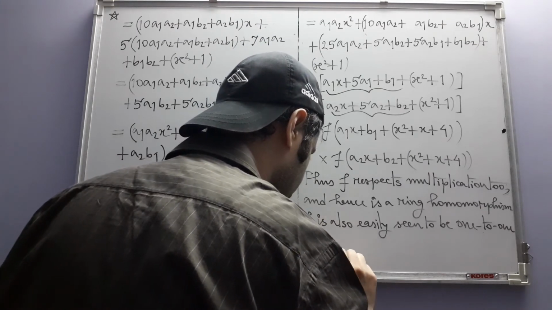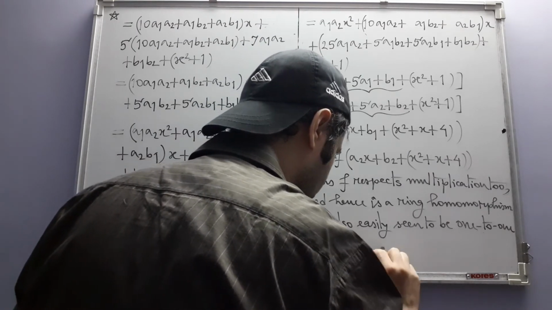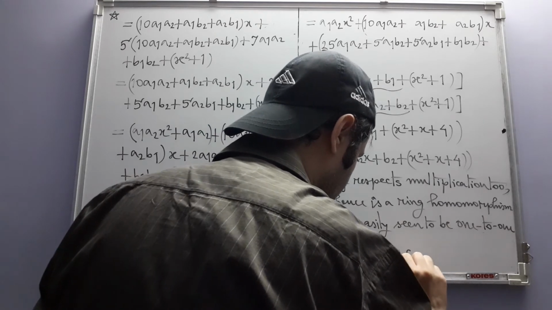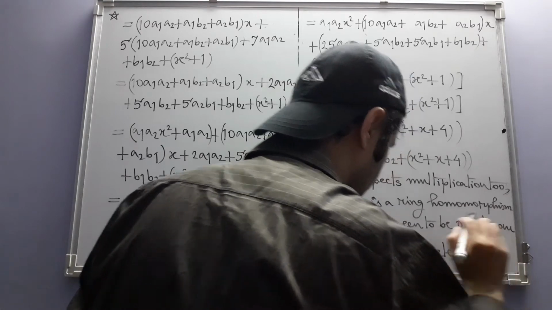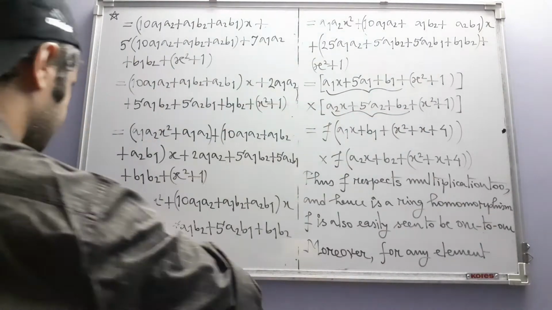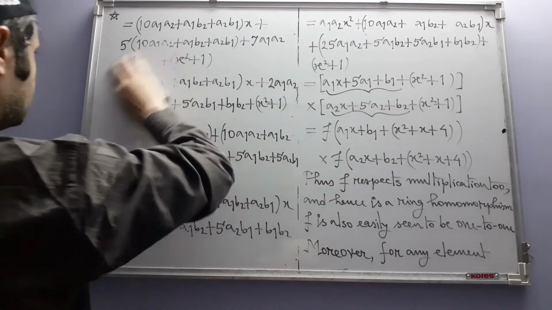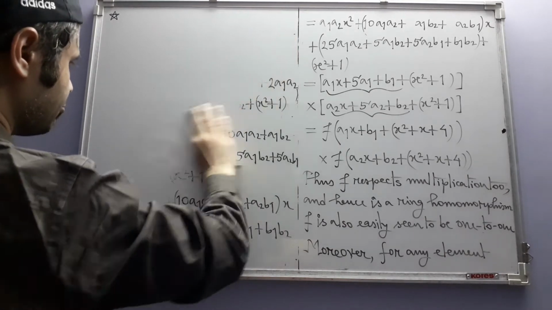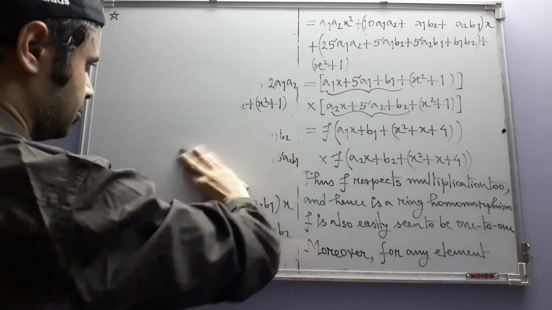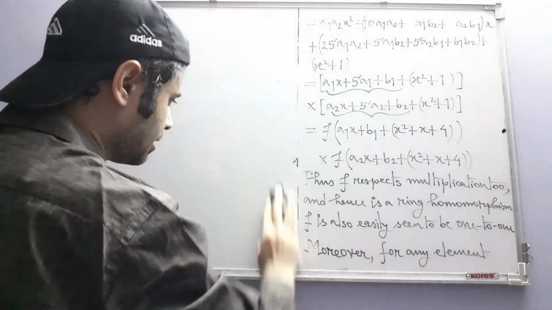Moreover, for any element, that mistake could have been easily avoided had I not brought that 35 unnecessarily.